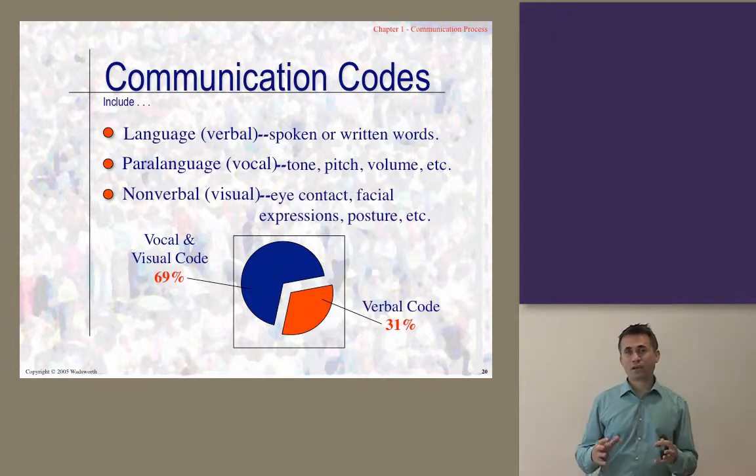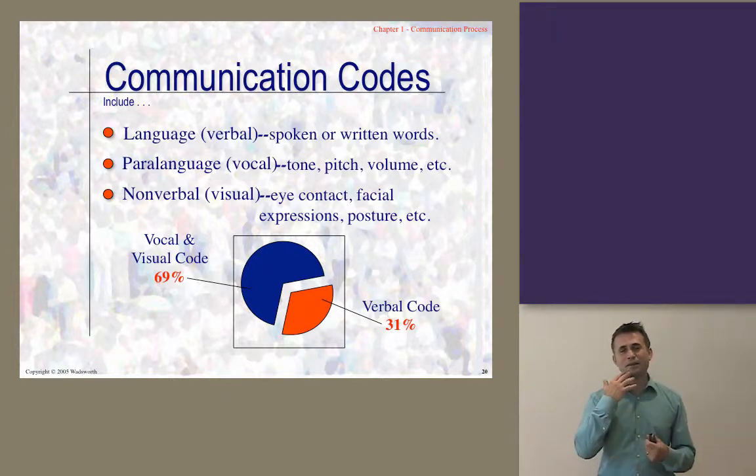The importance of a message that is communicated is divided into the nonverbal and paralanguage code and verbal. And what results more important from the communication is actually what is transmitted through the vocal and the visual code.